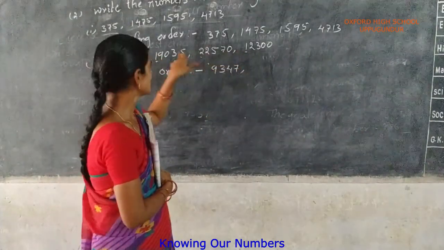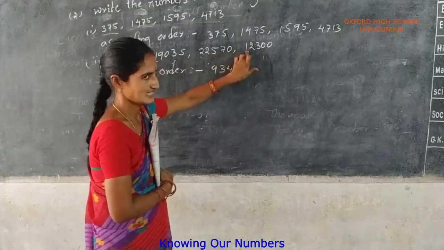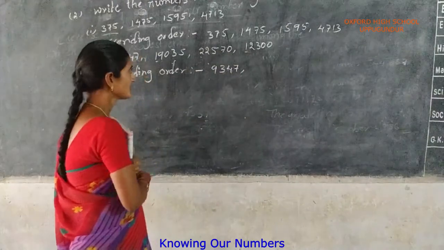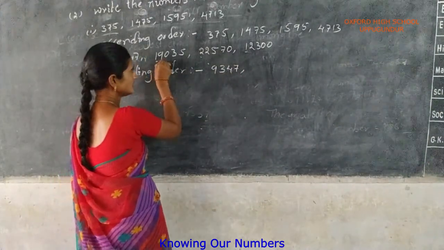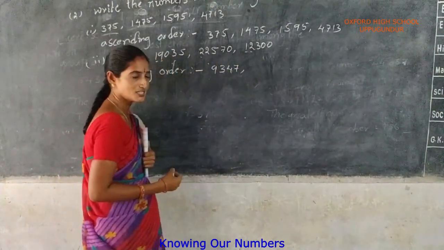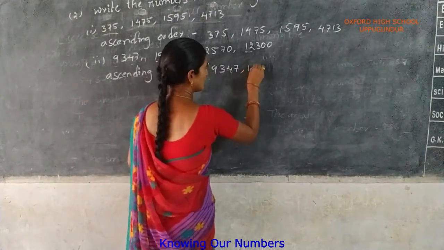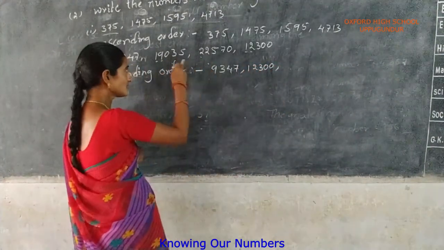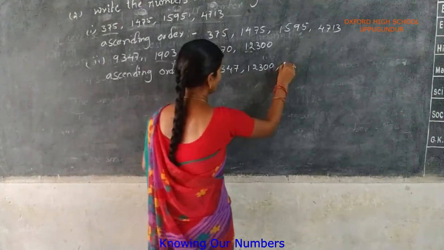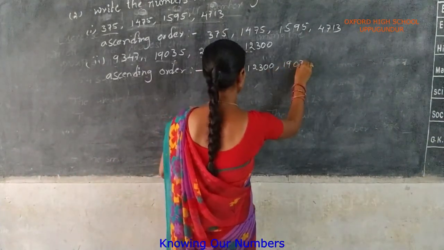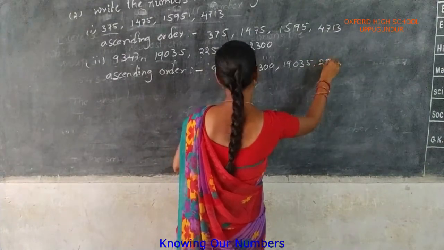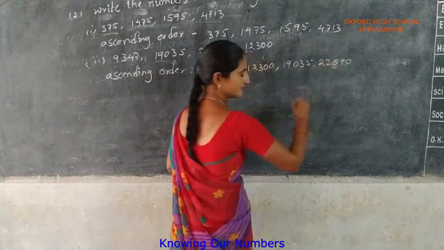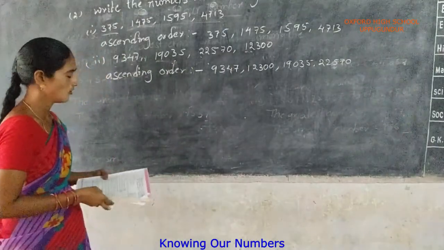Next comparing the thousands place: 9, 2. Which is smallest? 12,300. Next another one is 19,035 and 22,570. This is ascending order.